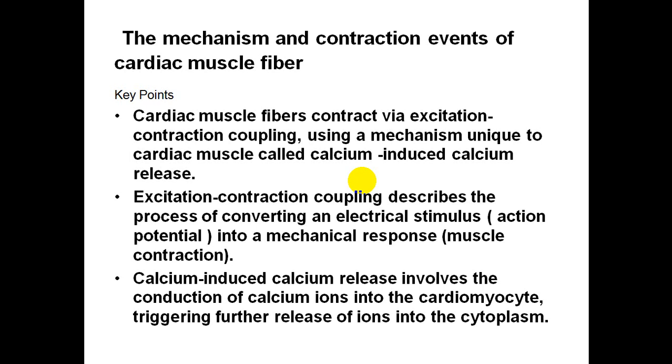Excitation-contraction coupling is the process of converting an electrical stimulus, the action potential, into a mechanical response, I mean muscle contraction. Calcium-induced calcium release involves the entry of calcium ions into the cardiomyocyte, triggering further release of ions into the cytoplasm.